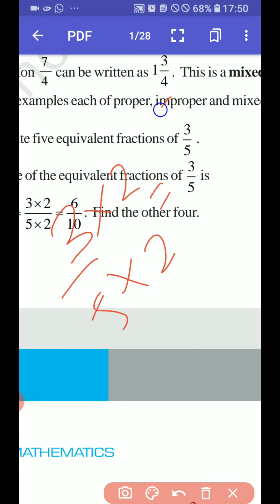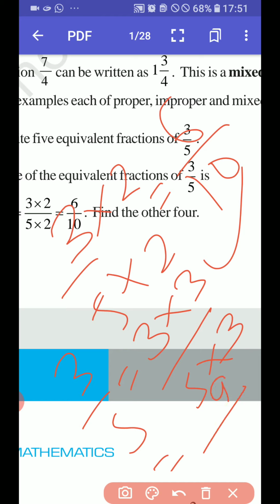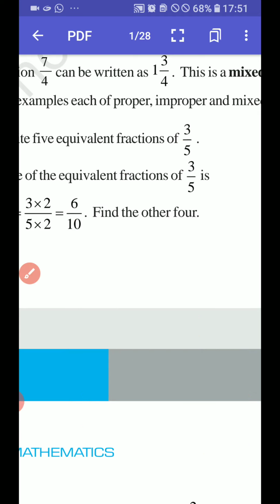So you will get 6 by 10. This is the first equivalent fraction of 3 by 5. In the same way, you can multiply 3 by 3 and 5 by 3, and the equivalent fraction will be 9 by 15. Like this you can find other equivalent fractions.